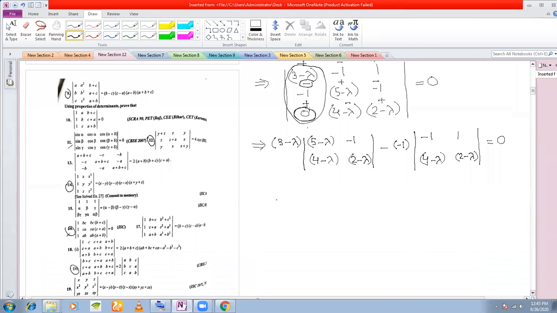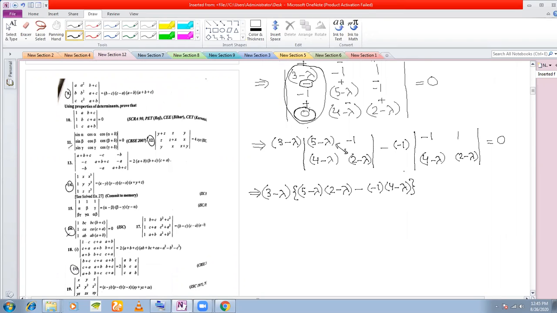So now we'll see what we are getting. 3 minus lambda into, multiply these two, 5 minus lambda into 2 minus lambda, minus of minus 1 into 4 minus lambda.